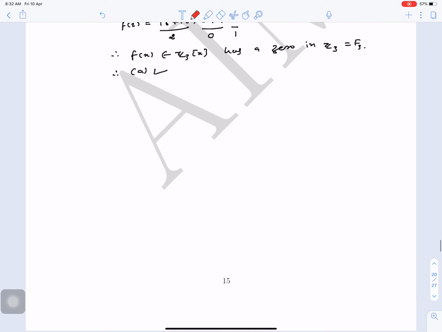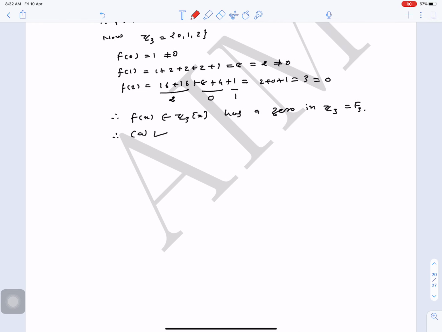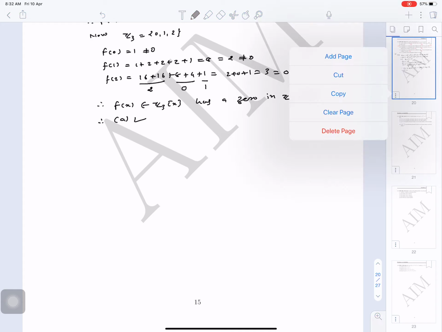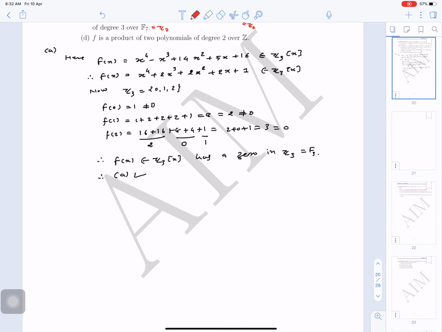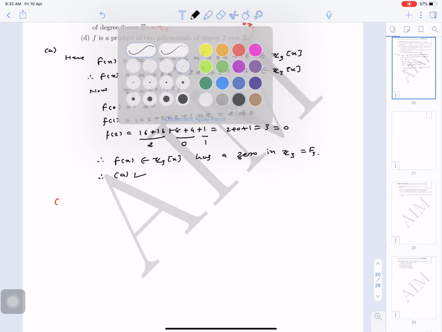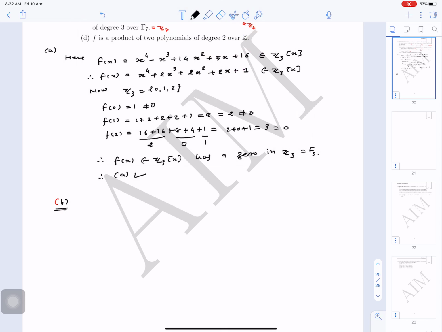Let me add one more page, I need some space. Okay, so let us go for option B. By part A, f(x) has a 0 in Z3, that is F3, namely alpha is equal to 2.